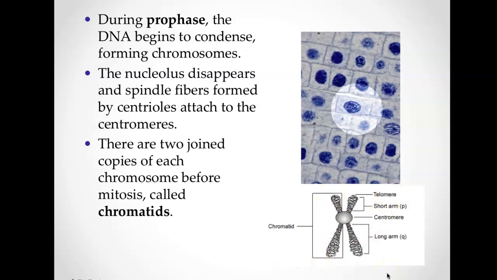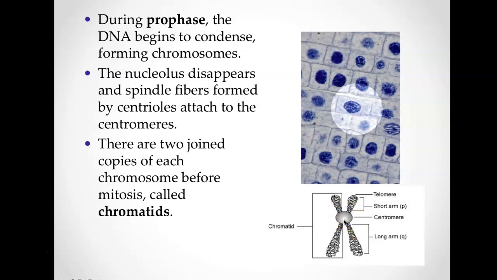But if the cell's about to divide, chromosome 1 will look like 2 X's, because the chromosome from mom will be with its copy and the chromosome from dad will be with its copy. This whole thing is called a chromosome, but each copy is called a chromatid, and the chromatids are connected with this thing called a centromere.